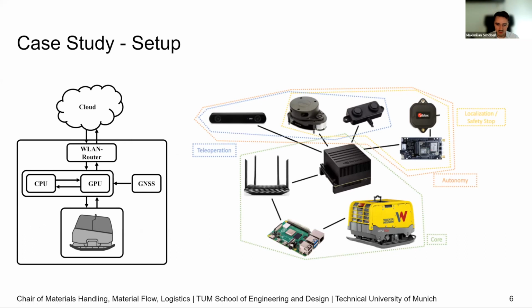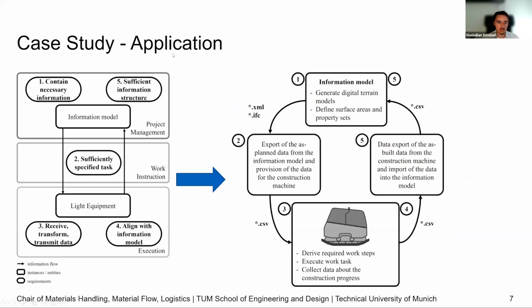We used Wi-Fi for coupling all these sensors, and we had u-blox RTK boards for the positioning. And with this setup, we went into our application phase where we took our concept and mirrored it onto this compaction cycle.